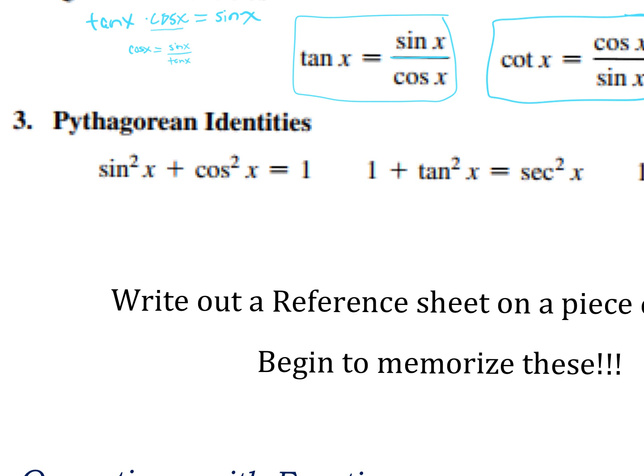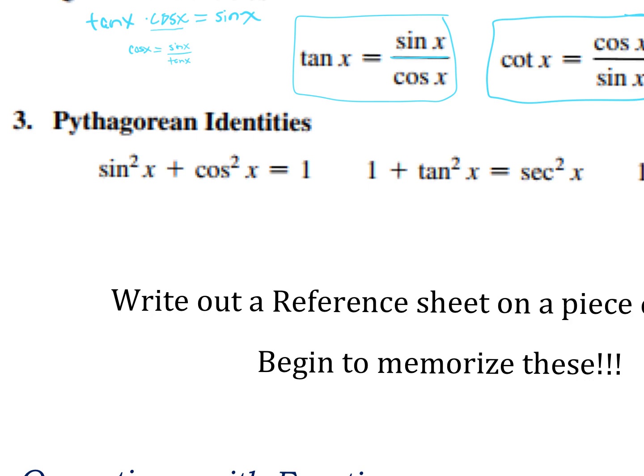We might have theta in there, we might have alpha or beta, that type of thing, but sine squared x plus cosine squared x equals 1, okay? We're going to use that identity quite a bit, so I'm going to ask you to keep repeating that over and over again, just to help us with that process of getting these memorized. So Andrew, can you read that one more time for me?